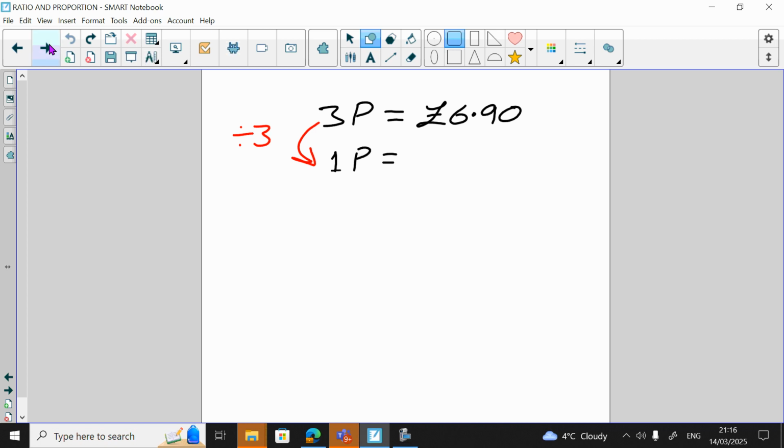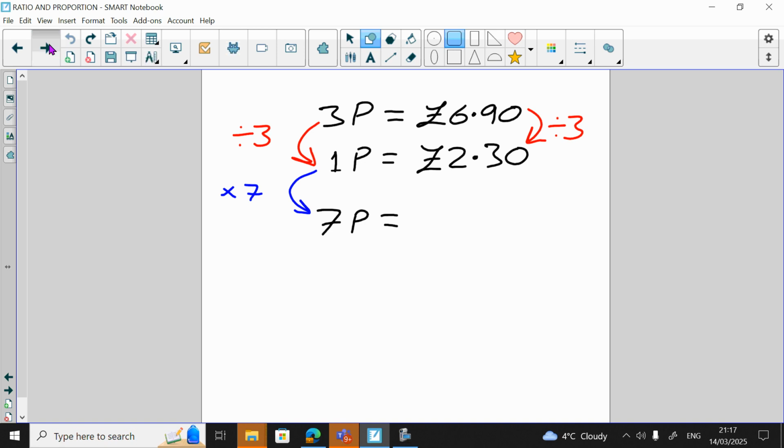On the other side, we do the same, we divide that by 3. So that gives us 1 unit, 1 portion, 1 pint, whatever they want to call it. But we want 7. So going from 1 to 7, we don't add 6, we multiply, to get 7p. On the other side, the 230, we multiply that by 7 to get 1610. So hopefully that makes sense.